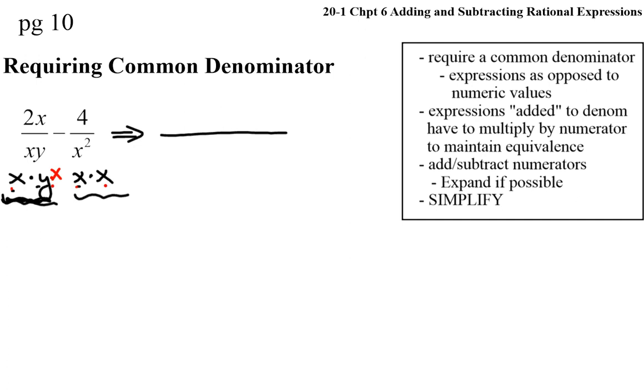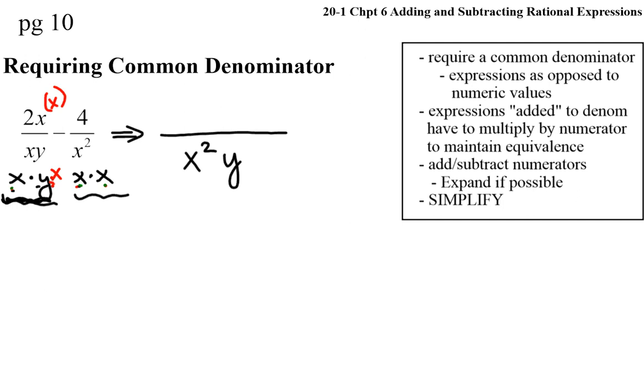in each denominator. But if I'm going to multiply an x in my denominator, I need to multiply the x in the numerator as well. So I have to include a times x to get a common denominator of x squared y. The second rational, we have the x and the x.